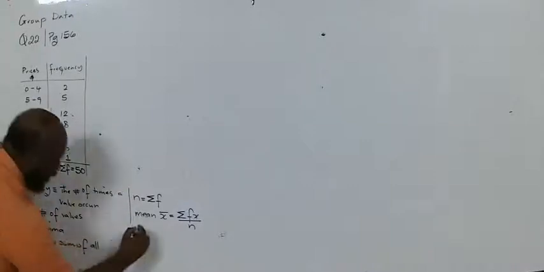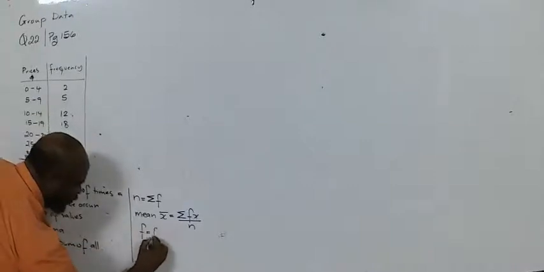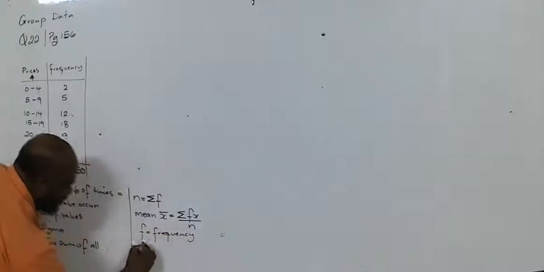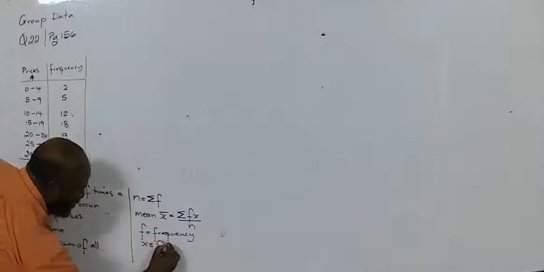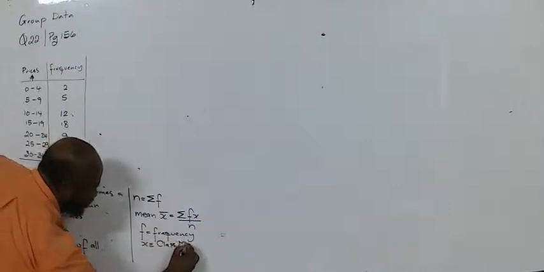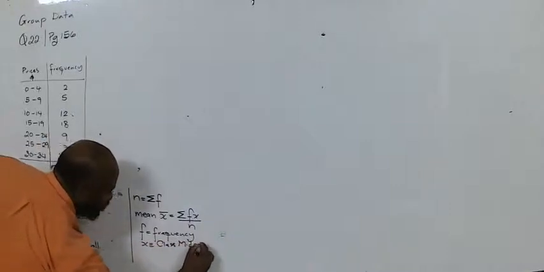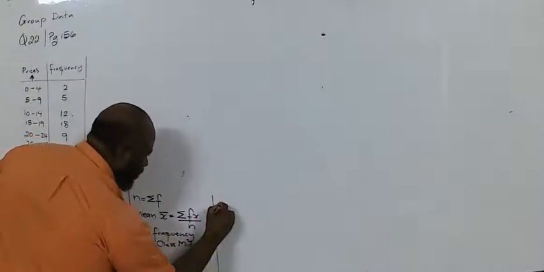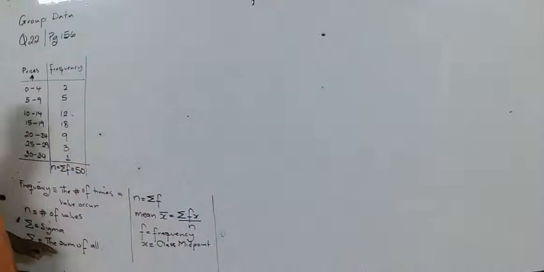Here, F stands for the frequency. X is the class midpoint. And N, we already said, is the number of values.